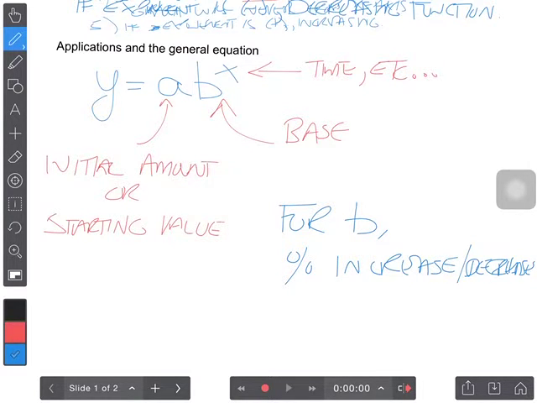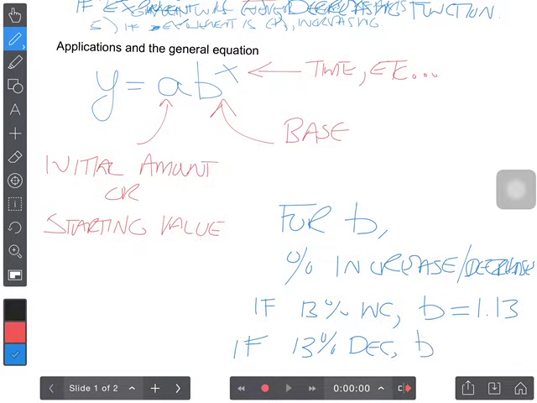So if it is a 13% increase, our base will be 1.13. If we have a 13% decrease, then our base is going to be 100% minus the 13, so it's going to be 0.87, for example. All right. So on to some examples.